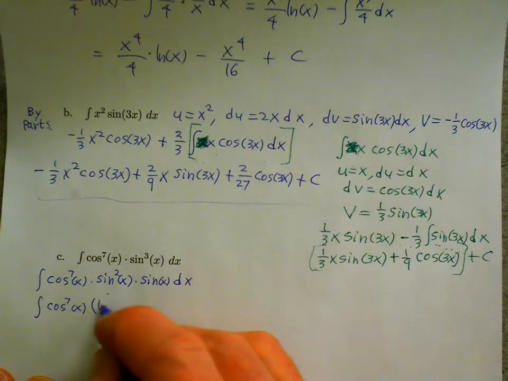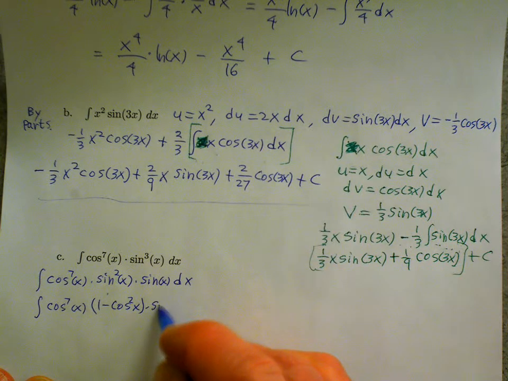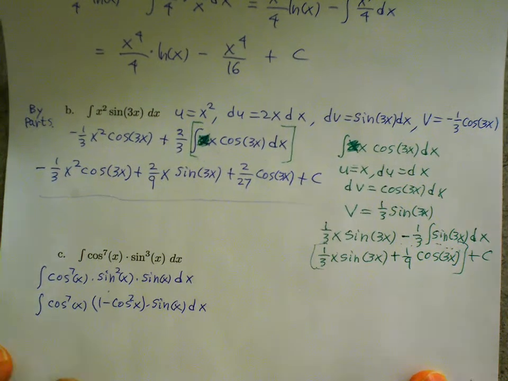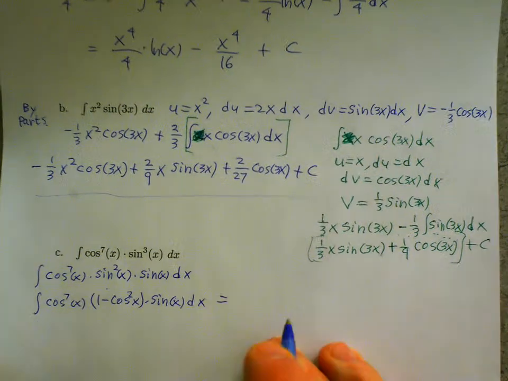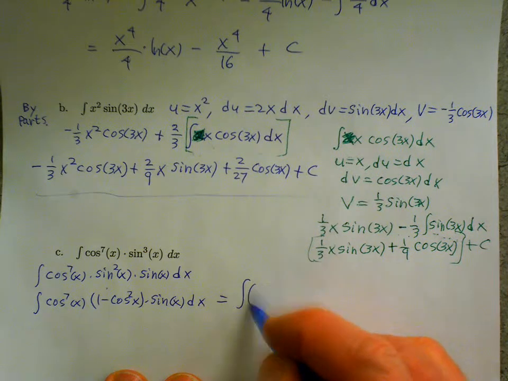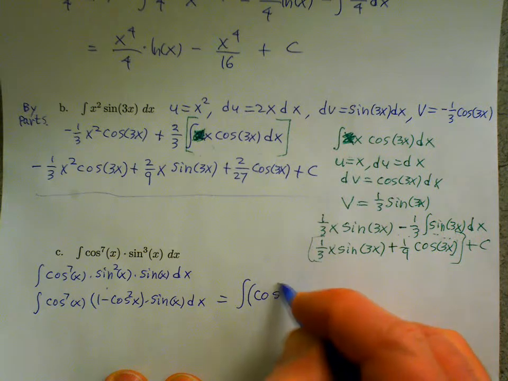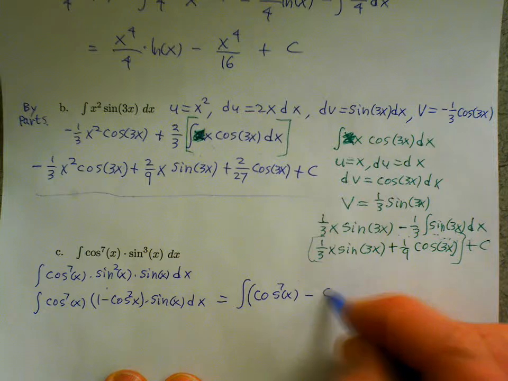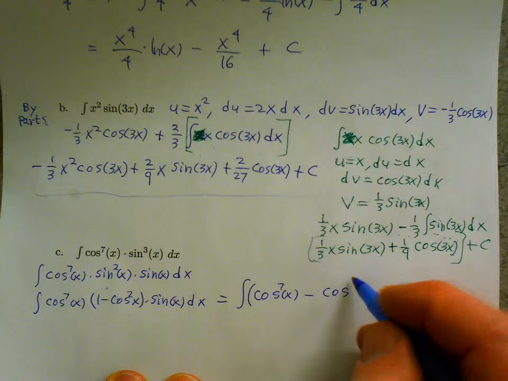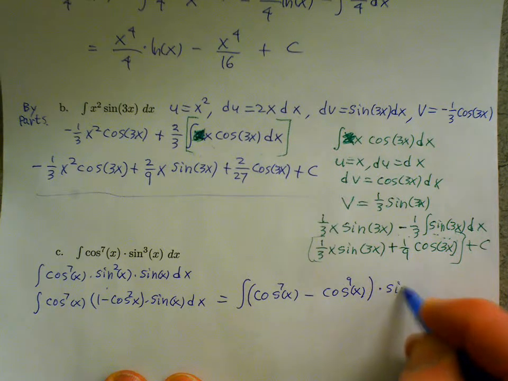It's 1 minus cosine of x squared. Let's go ahead and multiply those quantities. So we have, in parentheses, cosine of x to the 7th minus cosine of x to the 9th times sine of x dx.